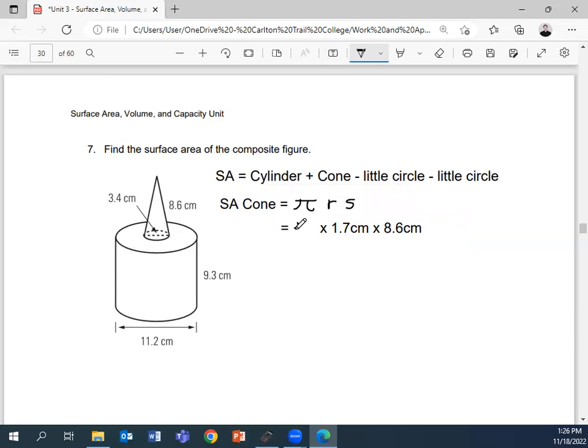So if I punch all those in together, 8.6 times 1.7 times pi, it's going to give me 45.93 centimeters squared.